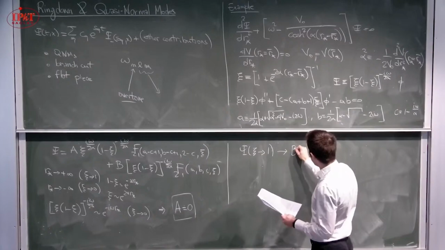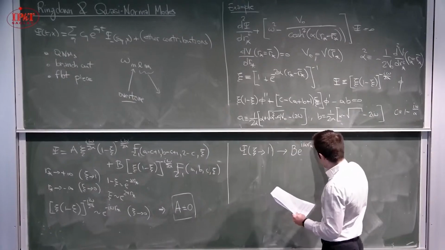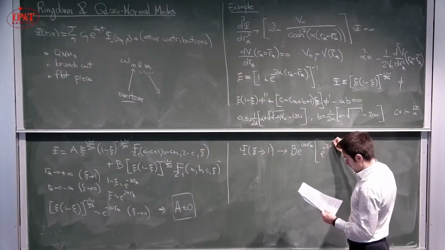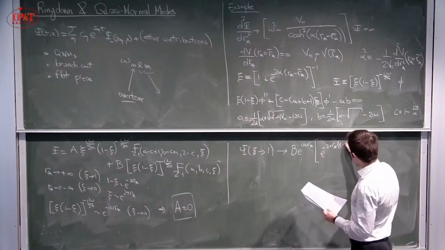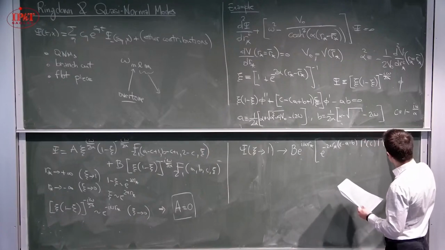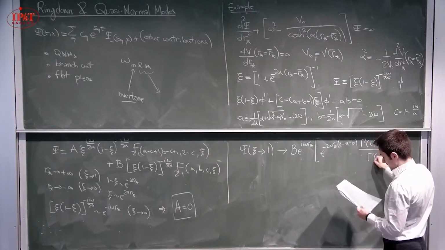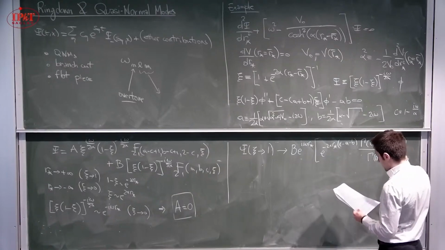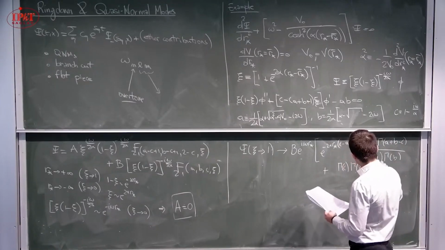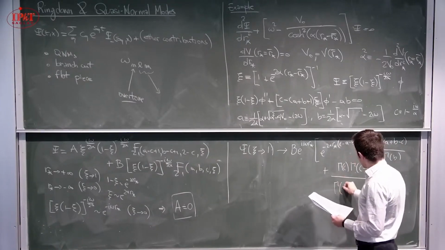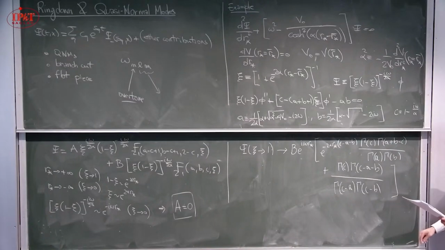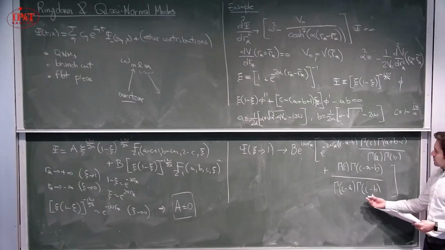The solution goes like D e to the i omega r star times something that goes like the following: (1 minus psi) to the c minus a minus b times some gamma functions, gamma a gamma b, gamma c gamma c minus a minus b divided by gamma c minus a gamma c minus b. Okay, this is just algebra.